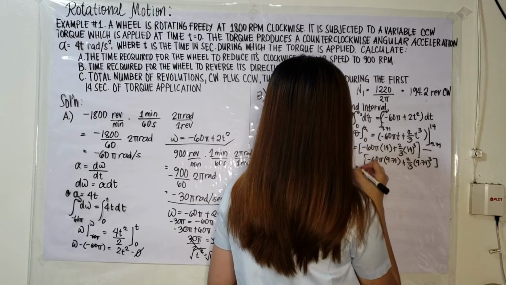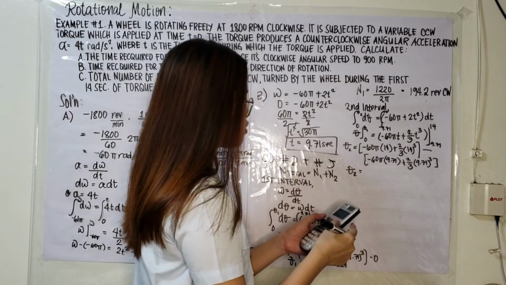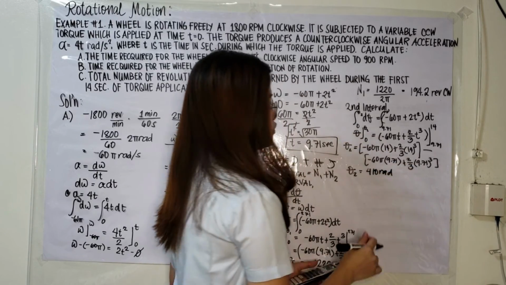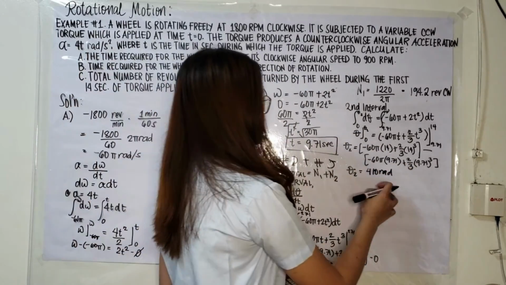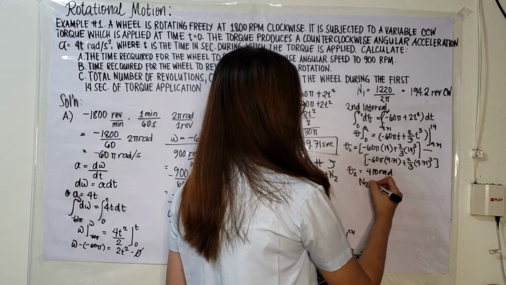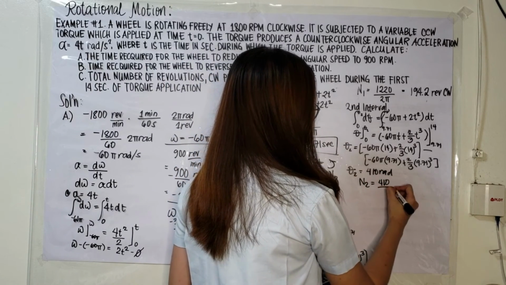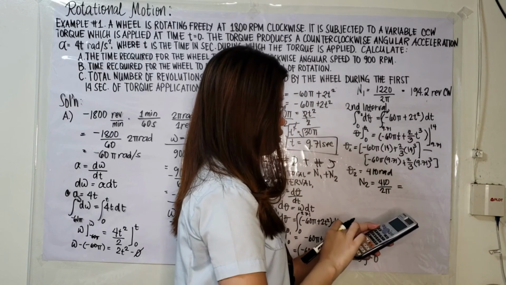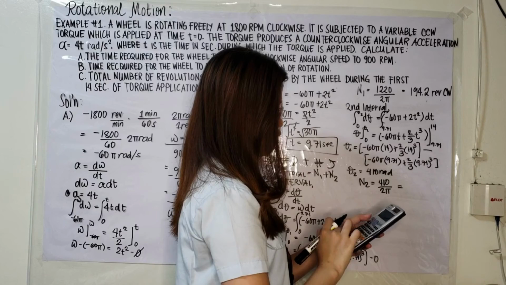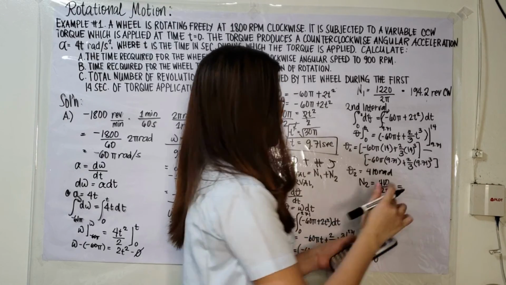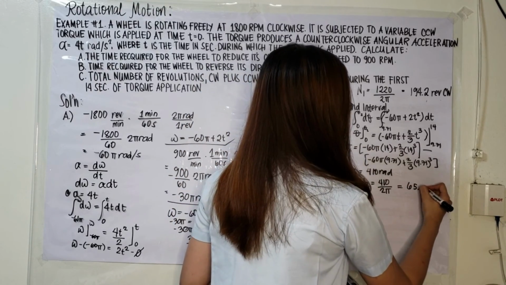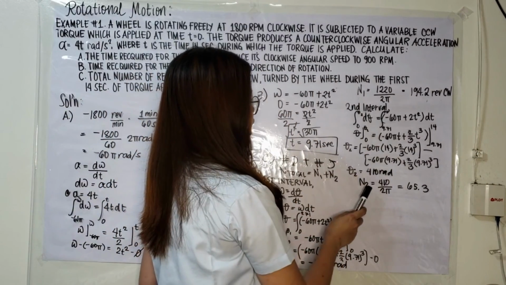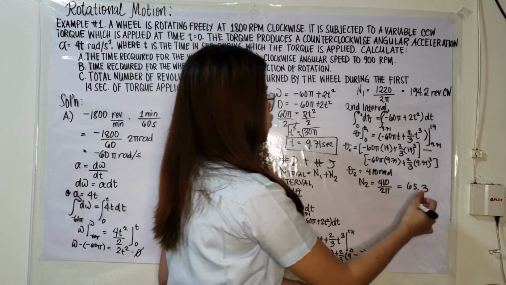Calculating this, we have theta 2 is equal to 410 rad. Converting rad to revolutions, N2 is equal to 410 divided by 2 pi. We have 65.3.